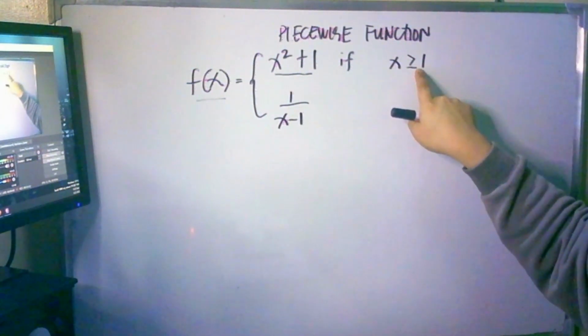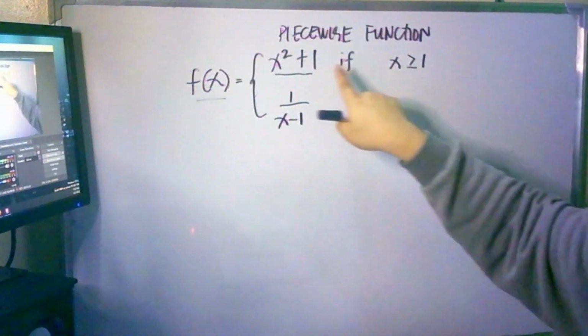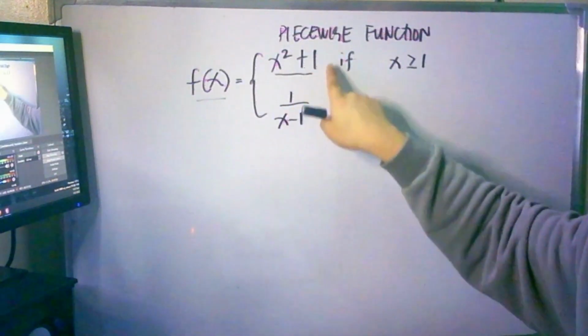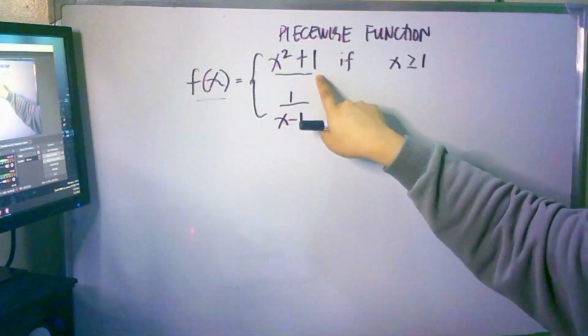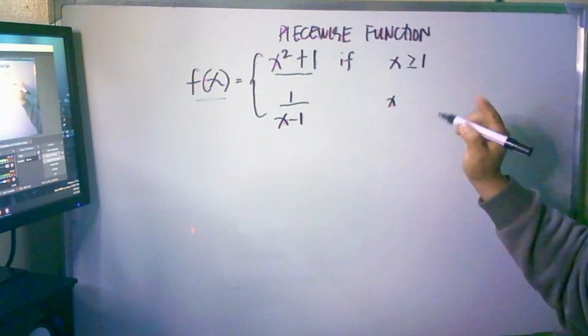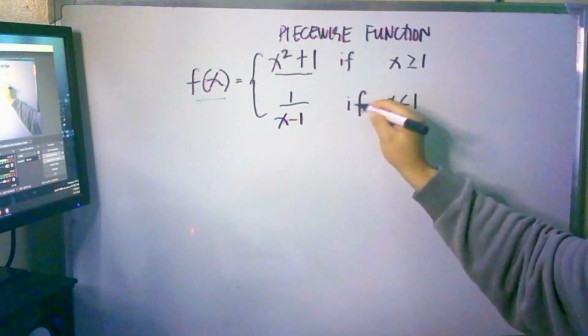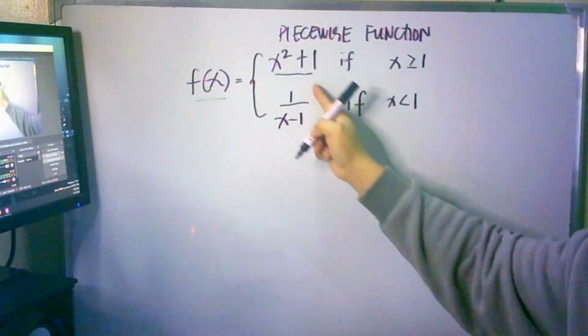So 1 is included here, or 1.1, 1.2, anything that is greater than 1, to evaluate the function, I'm going to make use of the first piece. However, if my input happens to be less than 1, then I'm going to make use of the second piece of the function.